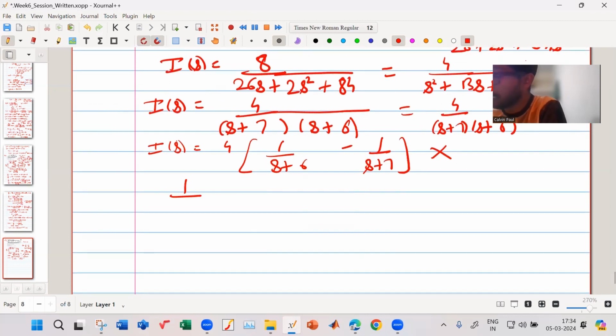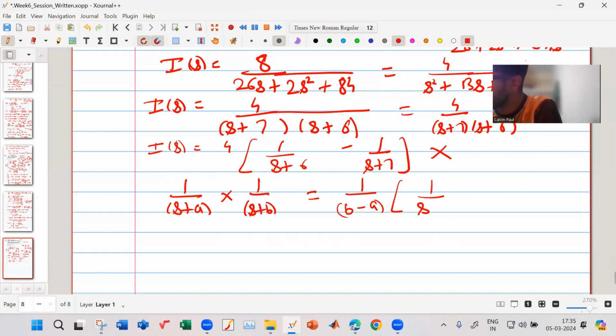So if I have 1 upon S plus A into 1 upon S plus B, it actually will be equal to 1 upon B minus A, whichever is bigger, into, suppose B is greater than A, it would be 1 upon B minus A into 1 upon S plus A minus 1 upon S plus B.